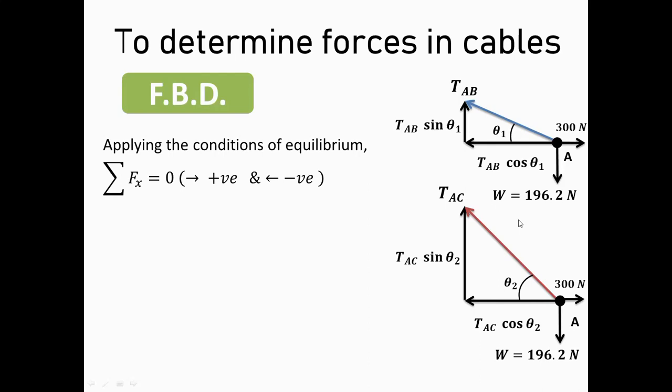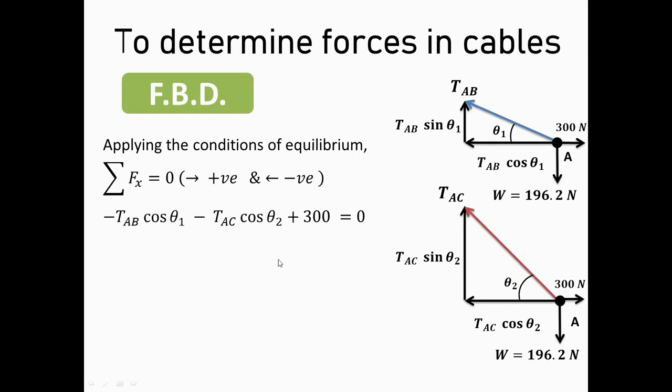So the first condition that we will apply is summation of forces in x direction is equal to 0. Forces towards right are considered as positive, whereas forces towards left are considered as negative. So simultaneously we will see these two diagrams along with these horizontal and vertical forces. So first one is the horizontal force that we have to take into consideration. TAB cos theta 1 is negative because it is in the negative x direction.